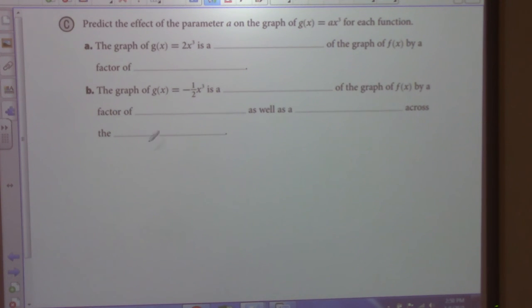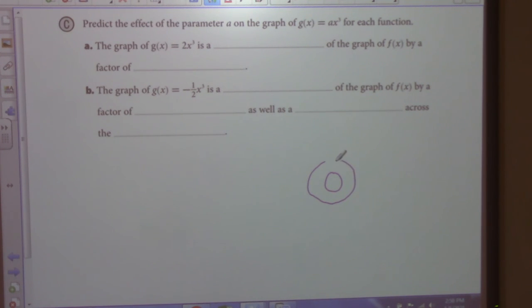Okay, next we have C, predict the effect of parameter a on the graph of g of x equals a x cubed for each function. The graph of g of x equals 2x cubed is a what of the graph of f of x by a factor of what? This 2x cubed is a what? Okay, he says dilation. Well, dilation is usually what it is for dilation. If we're going to dilate this circle here, we would dilate it in all directions, kind of like this.